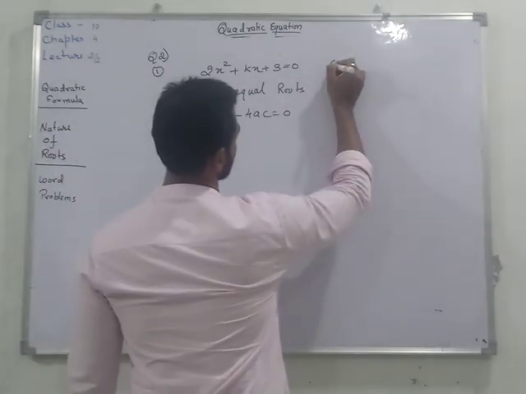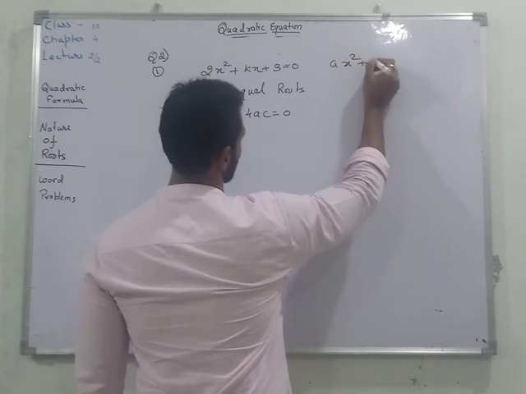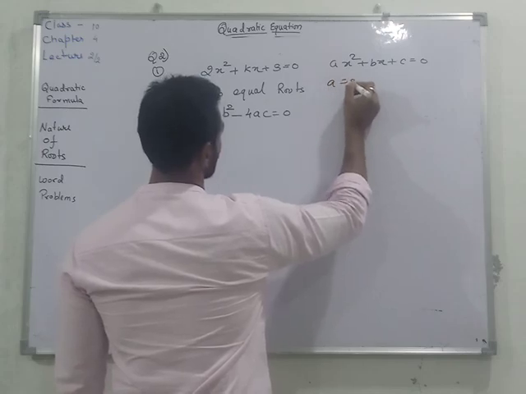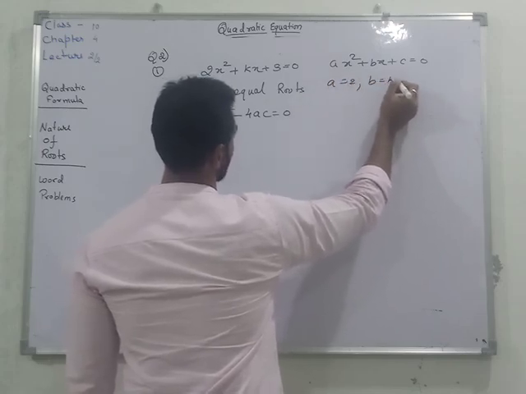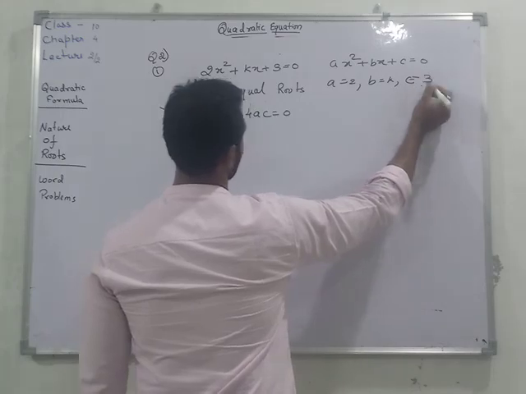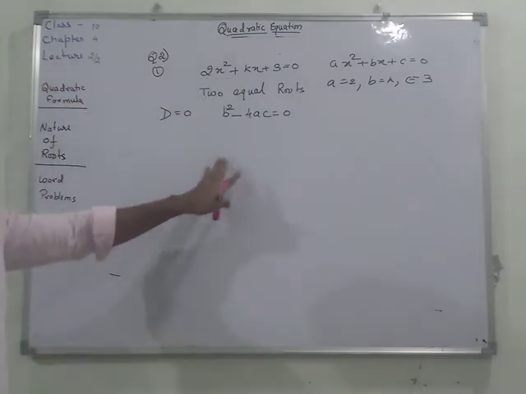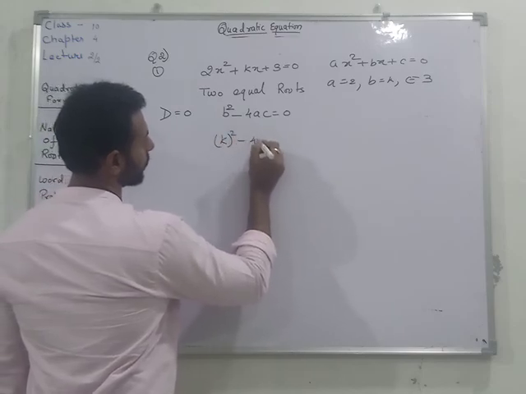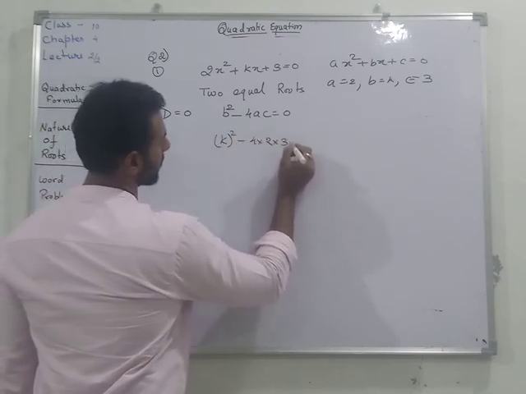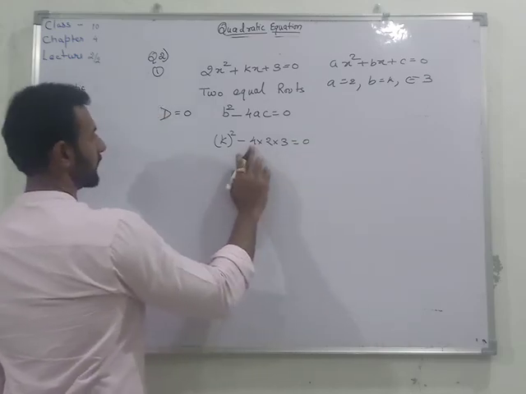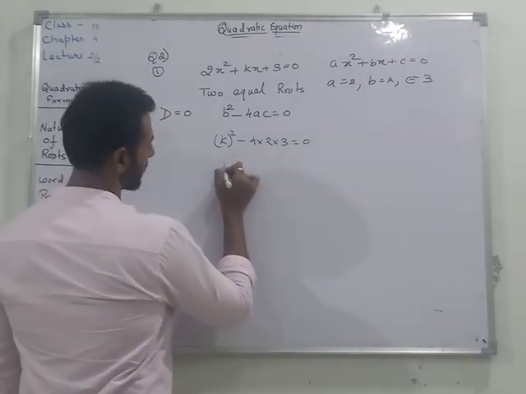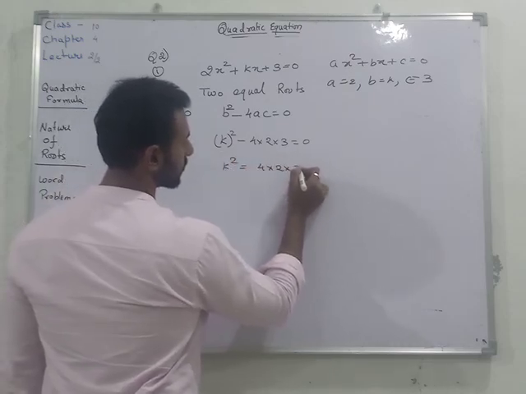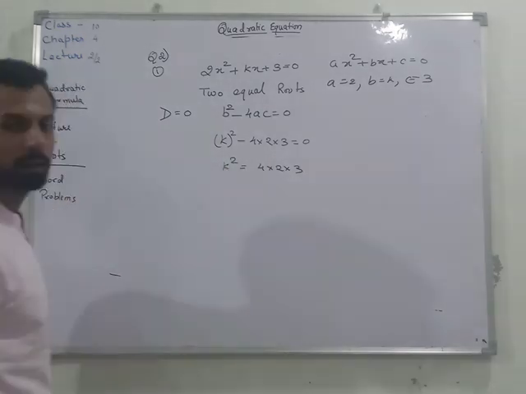Now comparing this with the general equation ax² + bx + c = 0, a is equal to 2, b is equal to k and c is equal to 3. Substituting the values, we get k² - 4 × 2 × 3 = 0. Taking 4 × 2 × 3 to the right hand side, k² = 4 × 2 × 3.